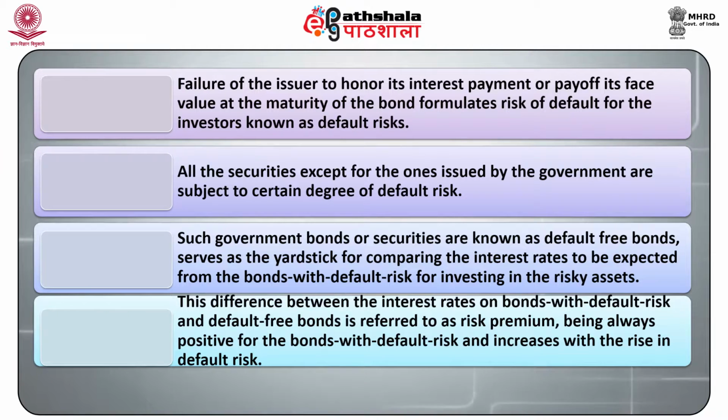They serve as the yardstick for comparing the interest rates to be expected from the bonds with default risk for investing in the risky assets. This difference between the interest rates on bonds with default risk and default-free bonds is referred to as risk premium, being always positive for the bonds with default risk and increasing with the rise in default risk. The market expectations of the return drops as the default risk on the securities increases relative to the risk-free securities, ceteris paribus.